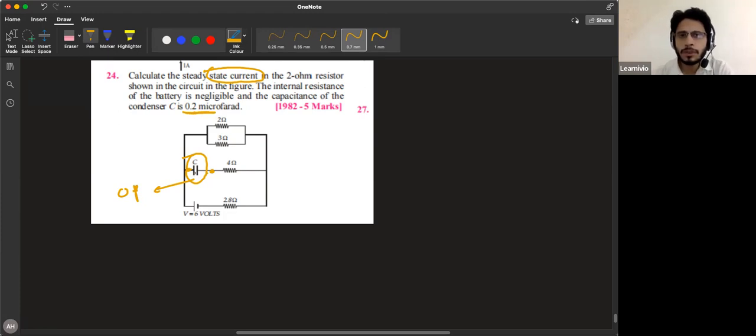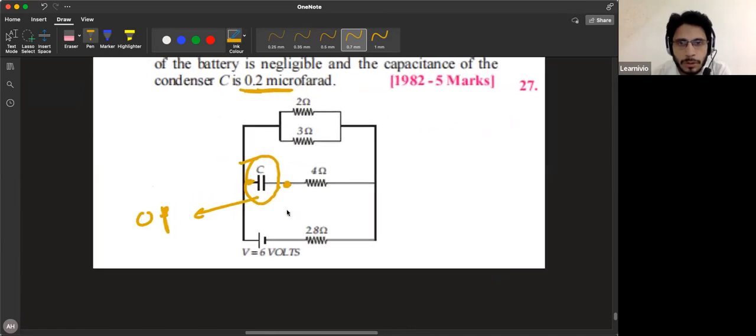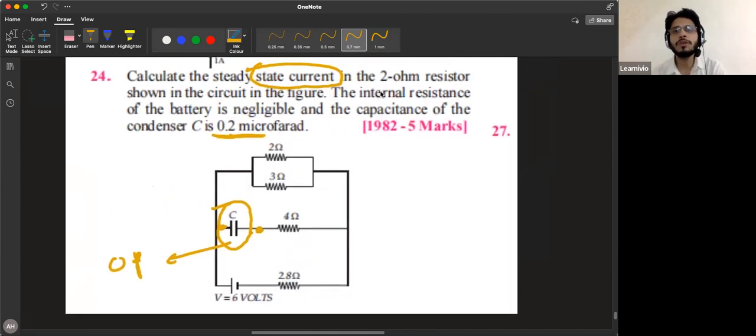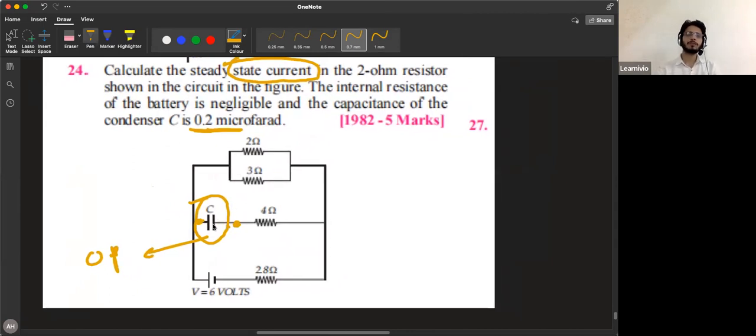Just open this. So you just have this 2.8 ohm, and this 2 ohm and this 3 ohm. You need the current through the 2 ohm resistor. It's an easy problem. In the steady state, just remove this capacitor, make it an open circuit.